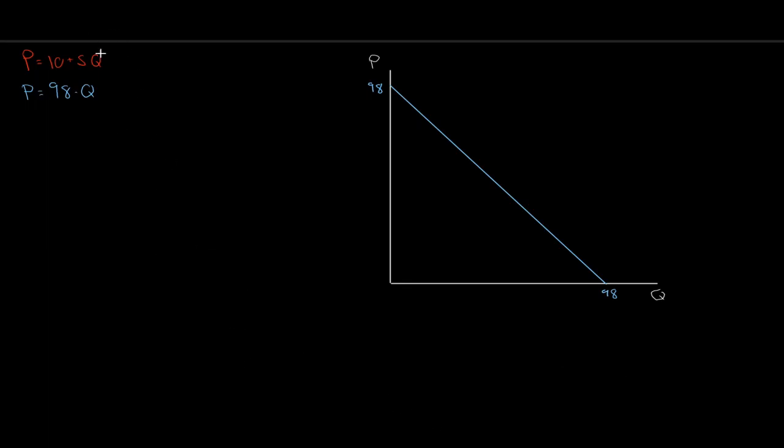Let's finish labeling this. This, of course, is our demand. We will be getting to a monopolist, so this is also my average revenue or my price. From the supply side, I'm starting at 10, and I have a slope of 5Q. So starting at 10, and quite a bit steeper, something like that. That is my supply. Keep in mind, this is also the marginal cost of the firm.